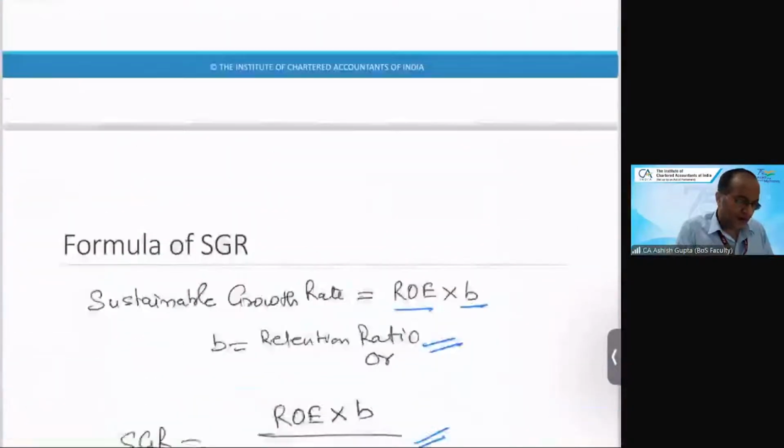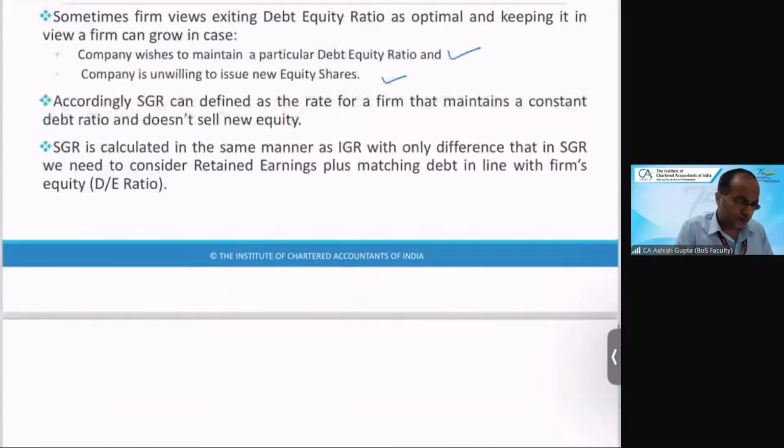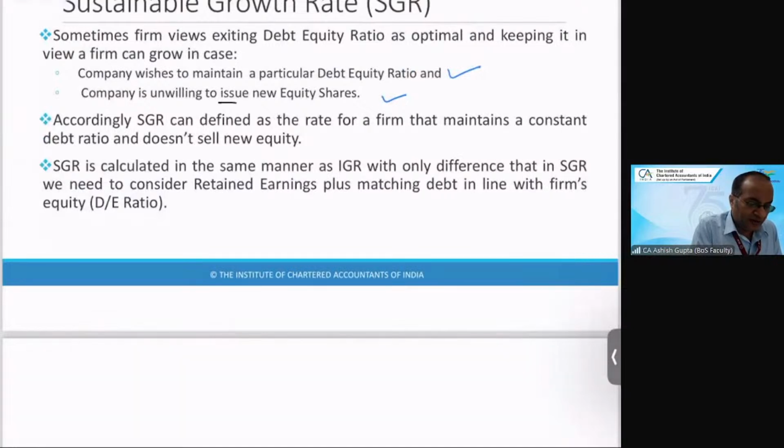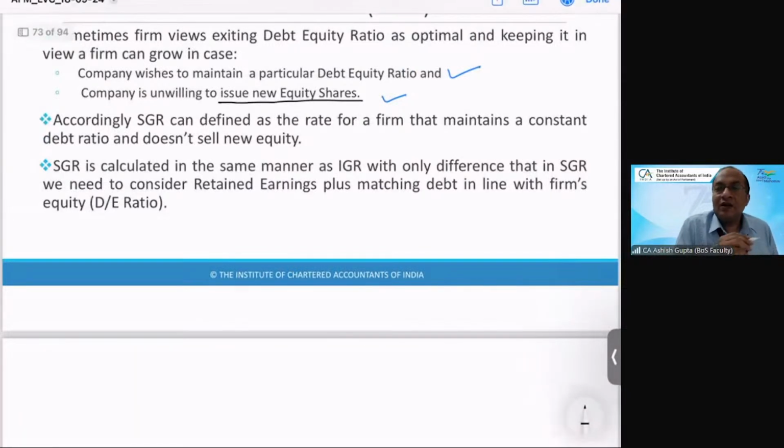Normally in sustainable growth rate, the company is unwilling to issue new equity shares, but sometimes we have to issue new equity shares. Also, while computing sustainable growth rate, we have seen that our debt equity ratio should not be affected. It is one of the conditions, but sometimes there may be a variation in the conditions.